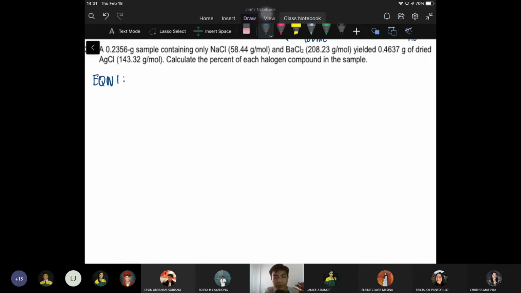Okay. So, ano yung sample natin? That is sodium chloride plus barium chloride. Pag pinag-add mo yung mass nila, that will give us 0.2356 grams. Okay. Alam na ba natin yung mass ng sodium chloride, pati ng barium chloride?